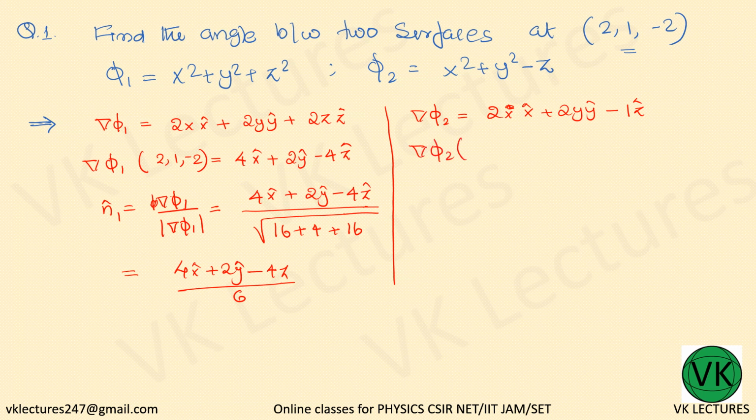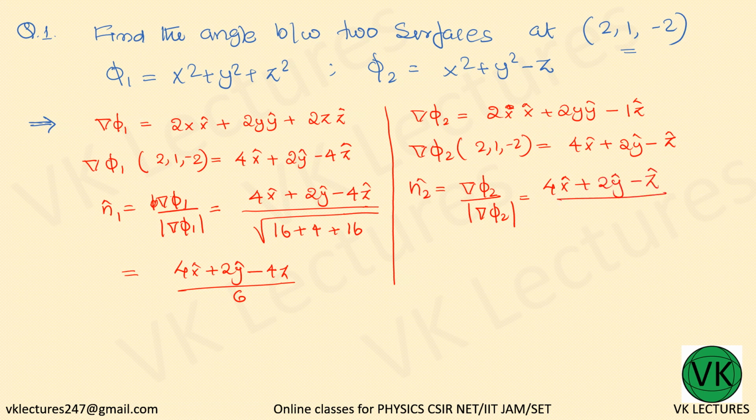Del phi 2 at (2, 1, -2) is equal to 4x cap plus 2y cap minus z cap. n2 cap, that is del phi 2 by magnitude of del phi 2, is equal to 4x cap plus 2y cap minus z cap divided by root of 16 plus 4 plus 1, root 21. So that is n2 cap.